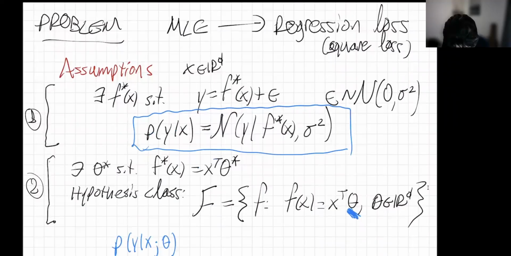And yes, we made a few different assumptions, but for the fact that we got the square loss, the most critical assumption was the fact that our noise is Gaussian. We assume that the noise in the data generating process is IID Gaussian. So we basically assume that all of our points are generated in this form with IID Gaussian noise. And from the PDF of the Gaussian, we got that square.